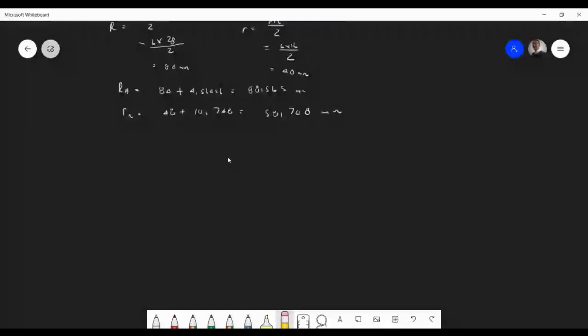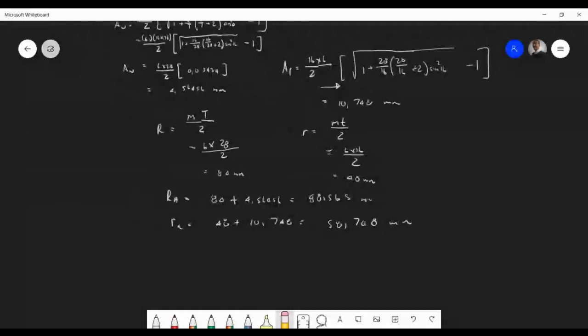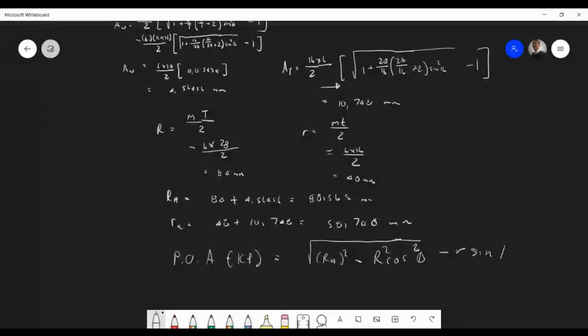So once we have the addendum, guys, it's a simple process. All we have to do is go back to our formulas for the path of approach, which is also called KP, and that's going to be the square root of big RA squared minus big R squared cos squared theta. Same old procedure. The only difference with these is that you have to find the new path of recess, which is PL.